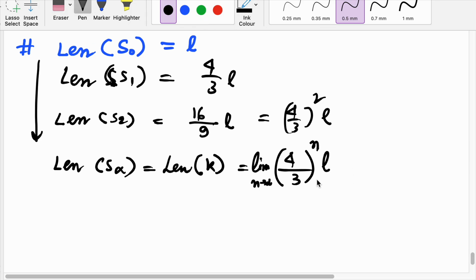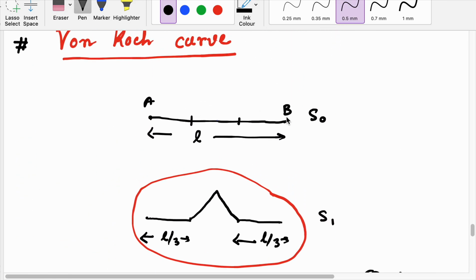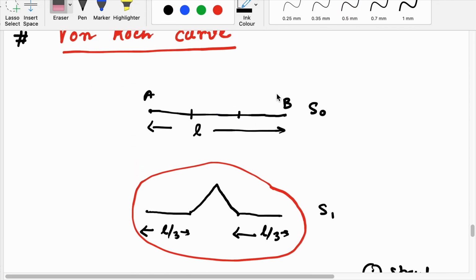Since 4 by 3 is greater than 1, this is not finite, this is an infinite number. So the minimum distance between A and B, you will get infinity. Not only that, this is only the single line case.